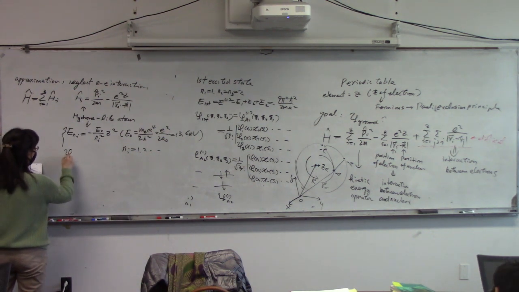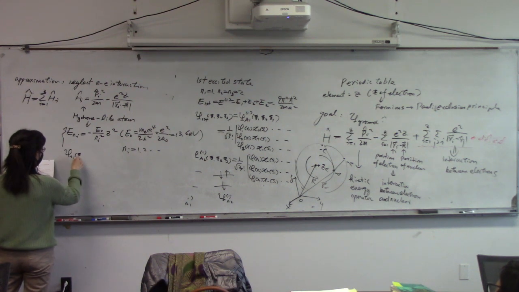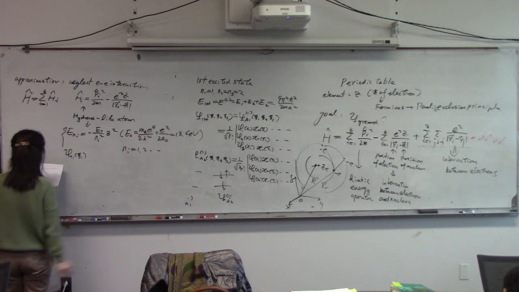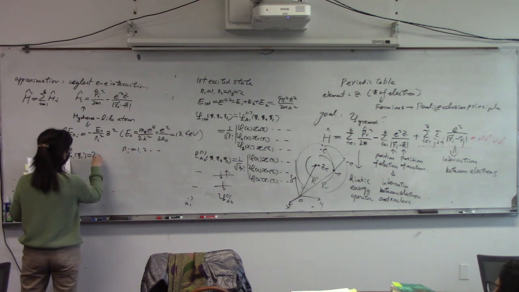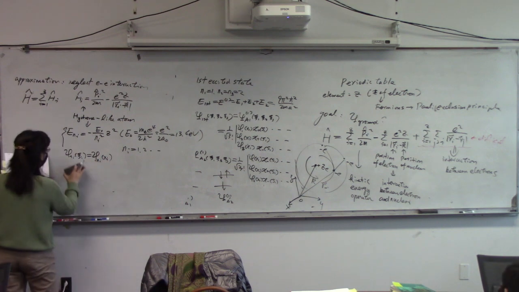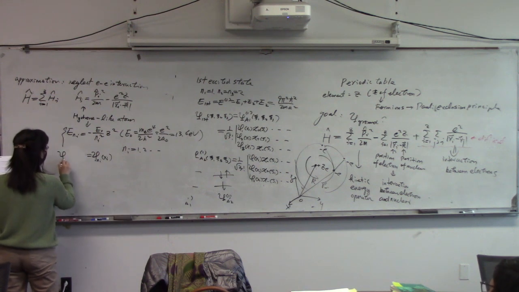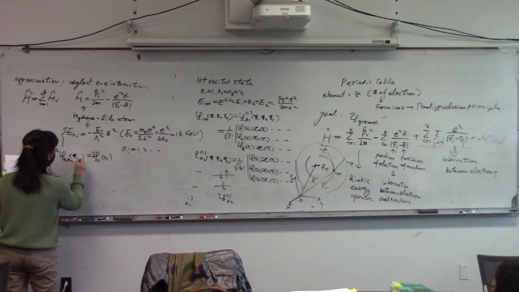For each single electron state, if we consider spin, let's write the state as Ni, Msi, psi I.